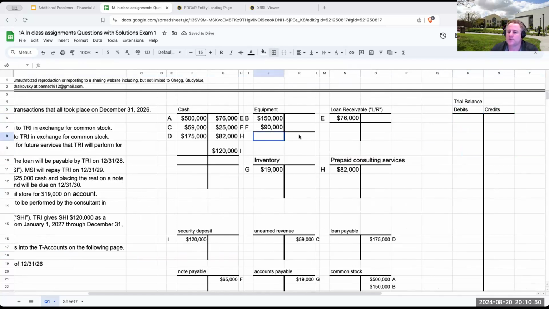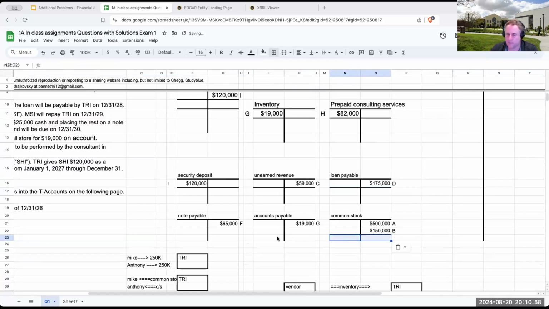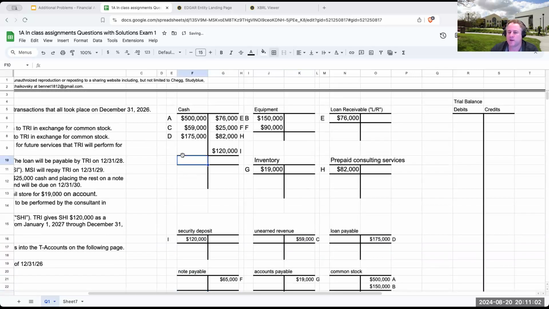So what I need to do is go to each one of my T accounts and total them up. Let's do that right now. Over here for cash, I have 734,000 in debits. How did I get that? Well, 500 plus 59 plus 175 equals 734.